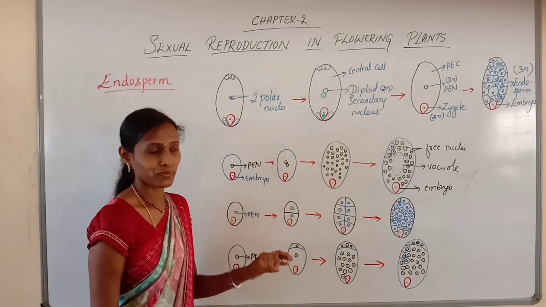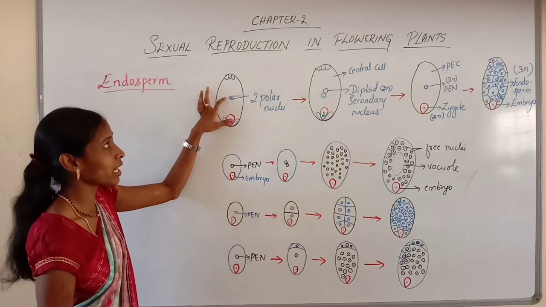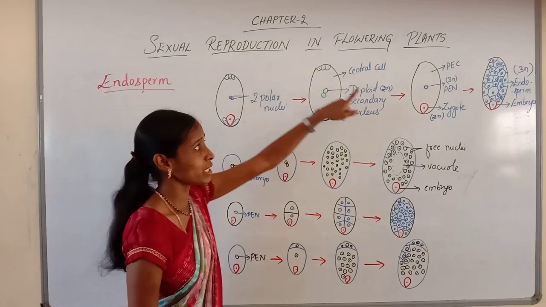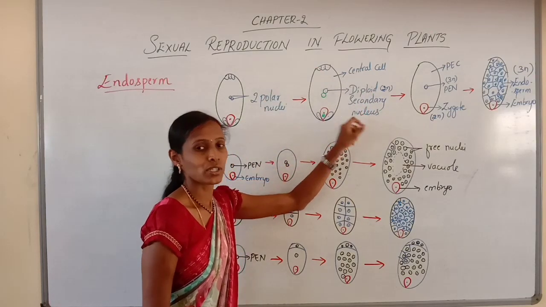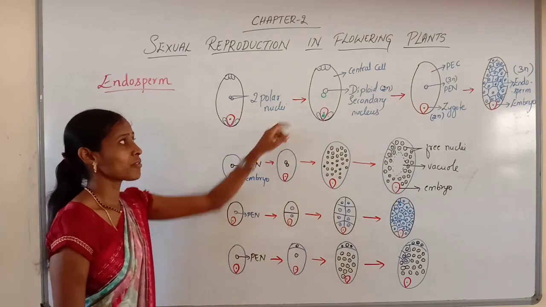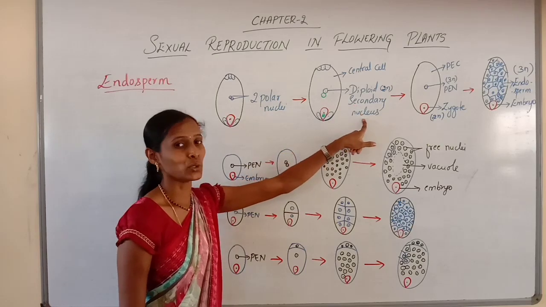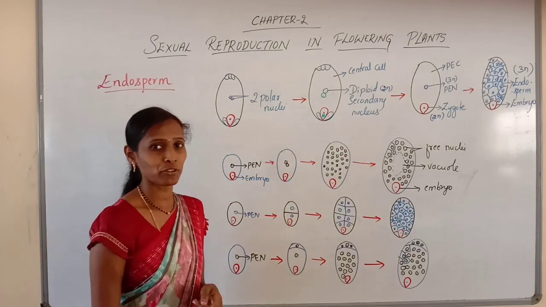Both are the same. You can write two polar nuclei. If you mention two nuclei, these are called two polar nuclei. If you mention only one nucleus which is diploid, then it is called a secondary nucleus. So you can write the fusion of another male gamete with the diploid secondary nucleus. It is called triple fusion. Why is it called a triple fusion?